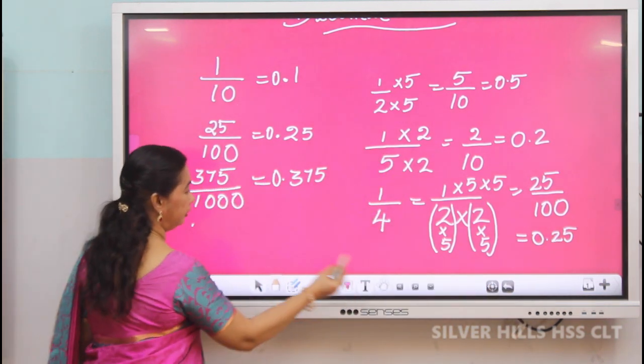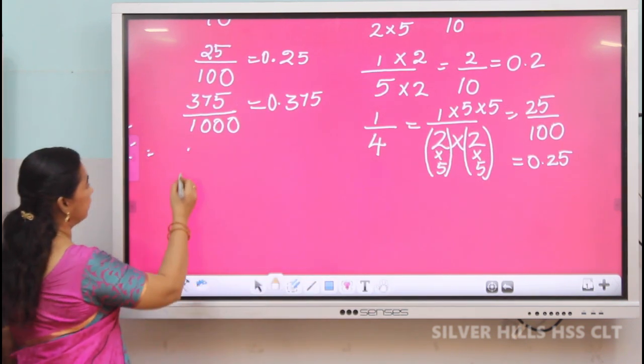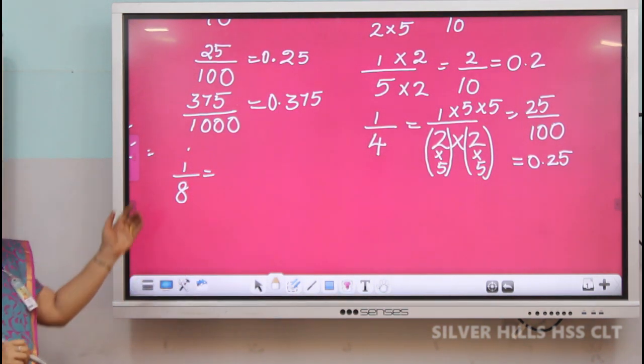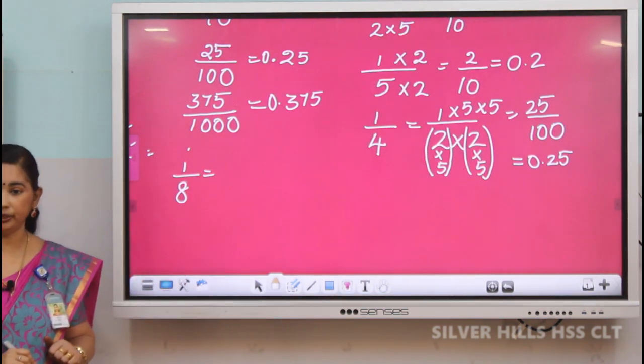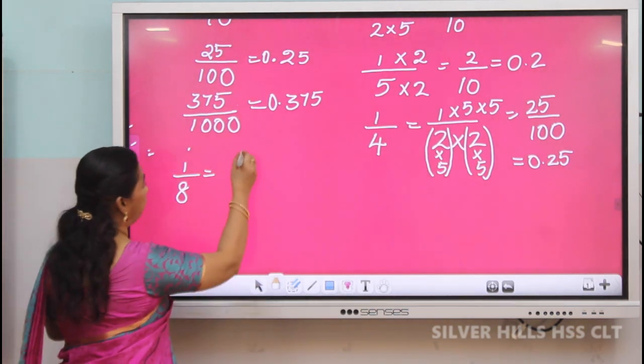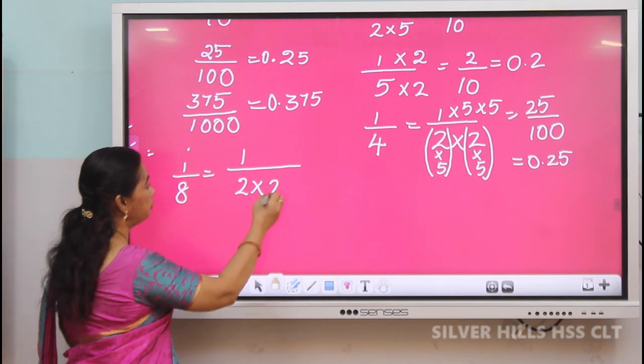Now, it is easy to convert. Again some other fractions if we are taking, we will take 1 by 8. We have to take the factors of the denominator first. I can write this 8 as 2 into 2 into 2.